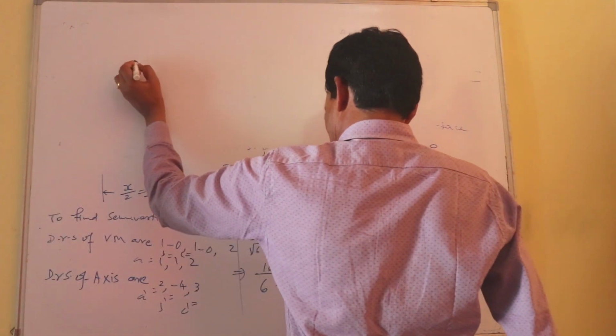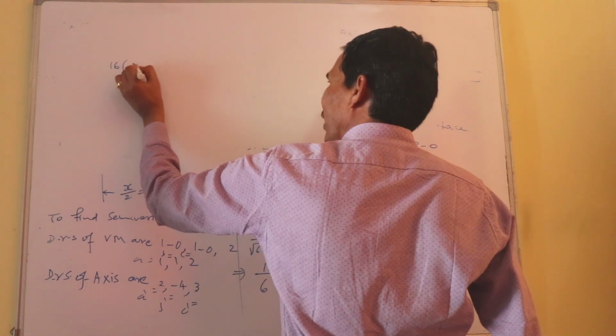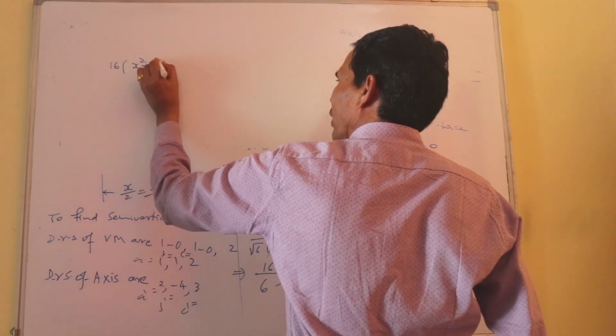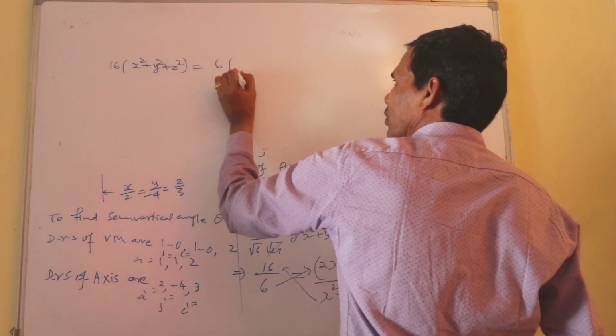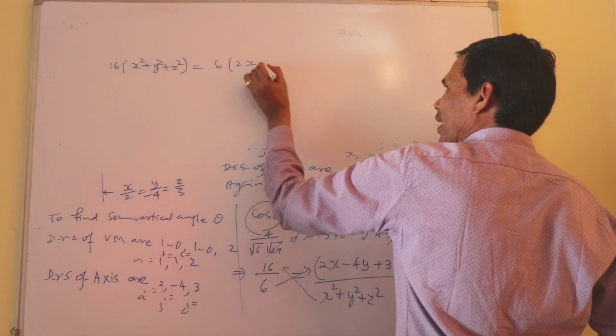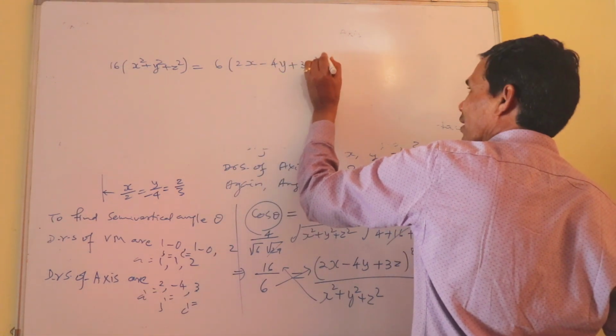If you simplify this, you get 16 multiplied by (x square plus y square plus z square) equal to 6 times (2x minus 4y plus 3z) bracket square.